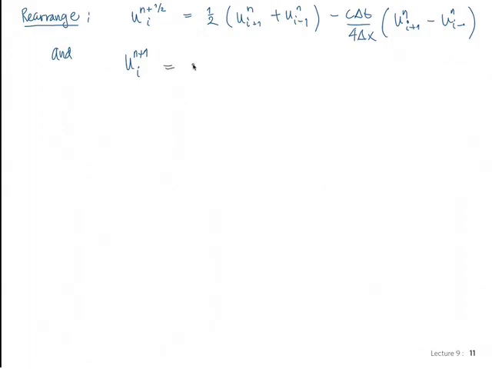and this is equal to u^n_i minus c delta t divided by 2 delta x, and here we have the half points in time, u^(n+1/2) at i plus 1 minus u^(n+1/2) at i minus 1.